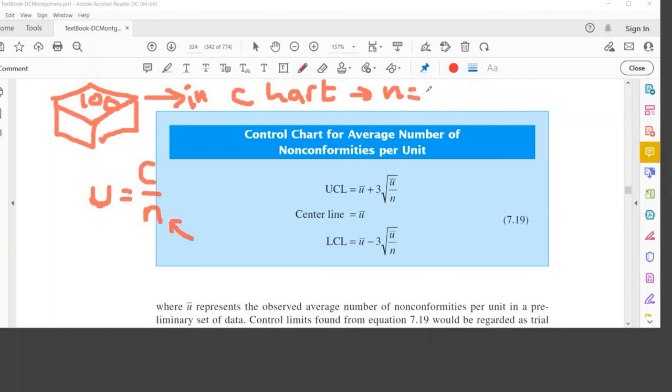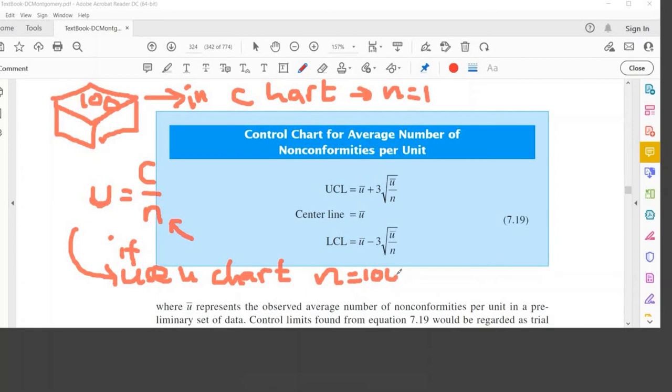But if you use a U chart, since U is the ratio, the N will be 100. Because you have the count of non-conformities, divided by how many units you inspected.